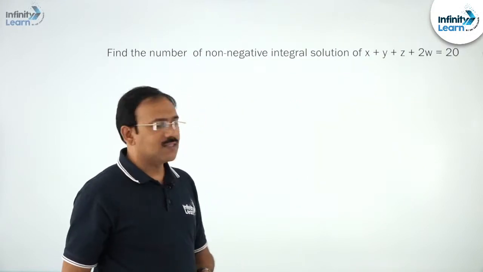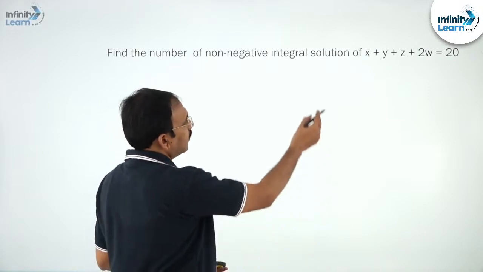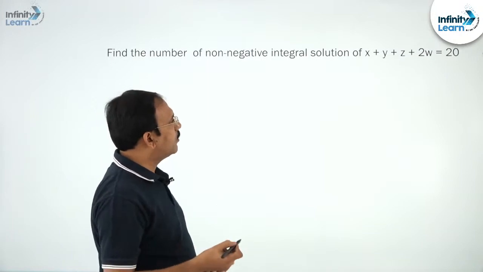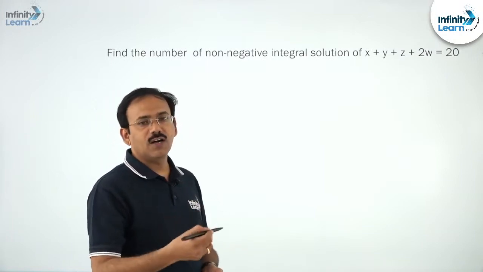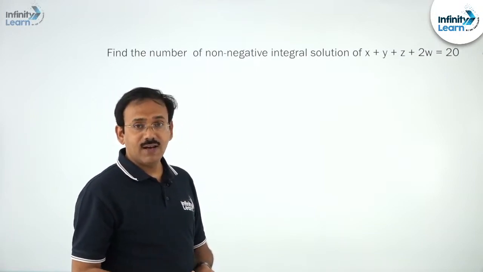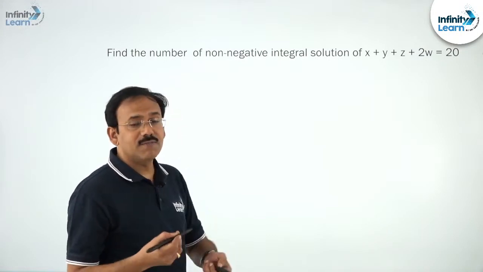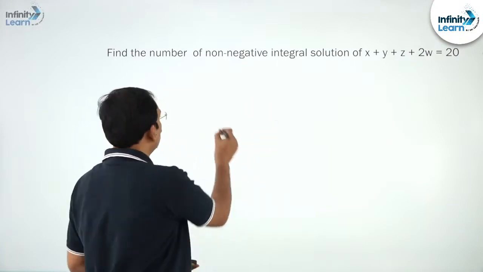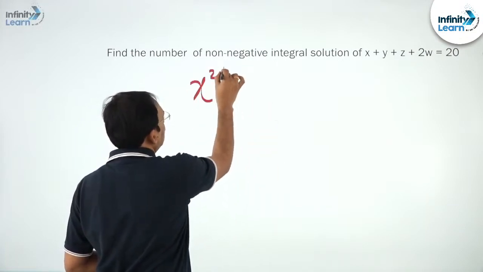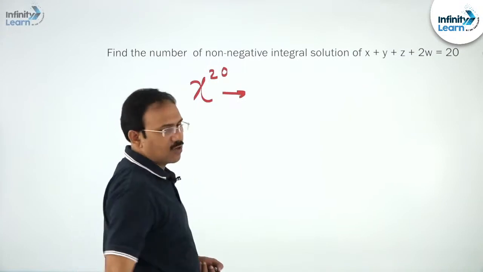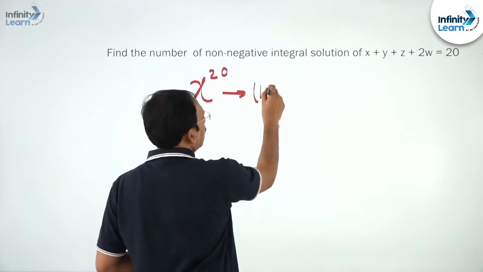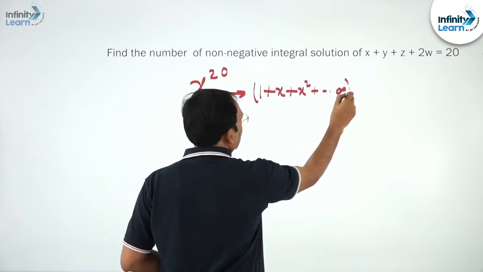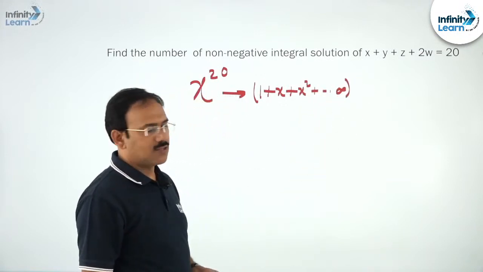Now, I think you can answer this question like x plus y plus z plus 2w is 20. So you can put w as 0, 1, 2, 3 and so on. As well, you can also do it by using the multinomial theorem. We want x power 20 coefficient in the expansion. For x you can take 1, x, x square and so on, infinite, because there is no upper limit.